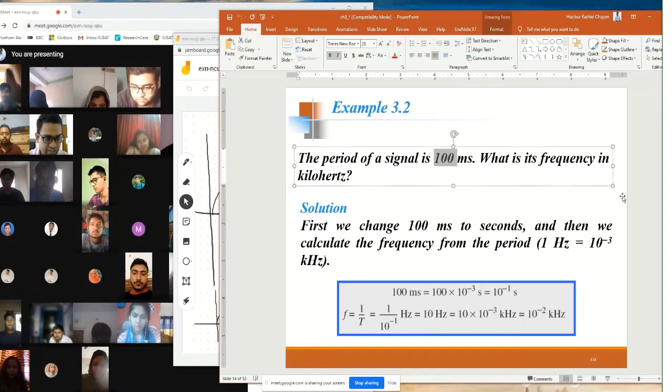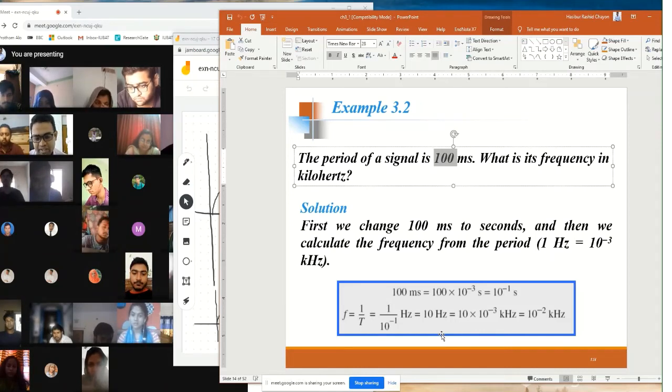But the question is asking what is the frequency in kilohertz. So we have to convert it from hertz to kilohertz. That is another confusion. When you convert from a smaller unit into the higher unit or bigger unit, we have to divide the value.